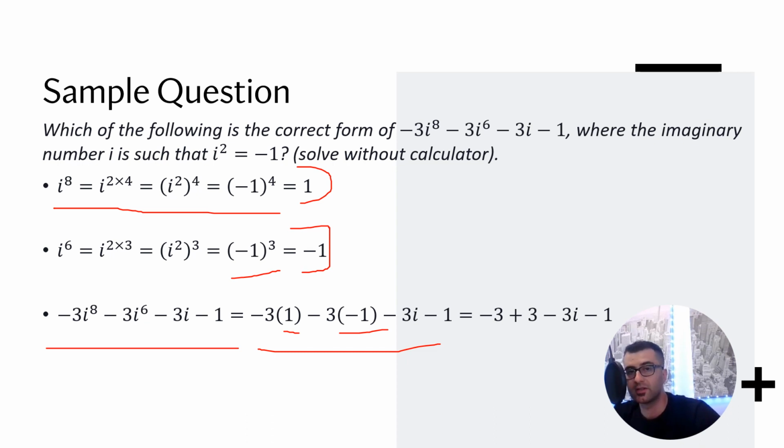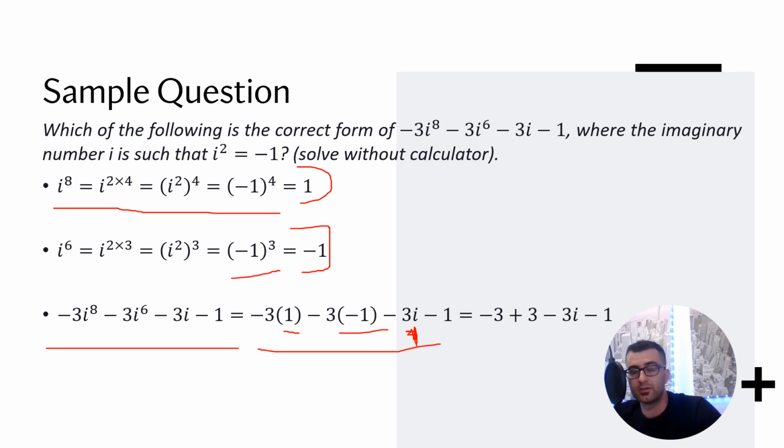For I itself, we'll write this because the choices all had I to the power of 1, so we need to keep this.